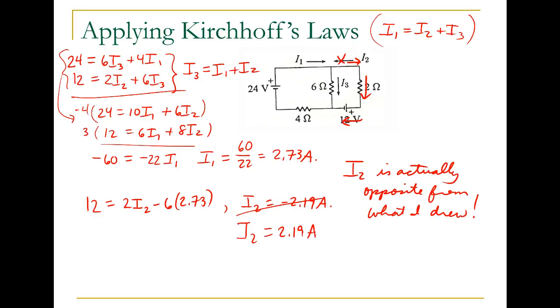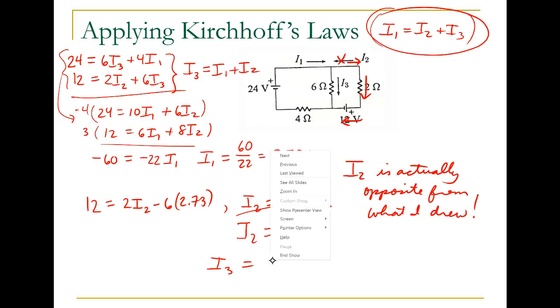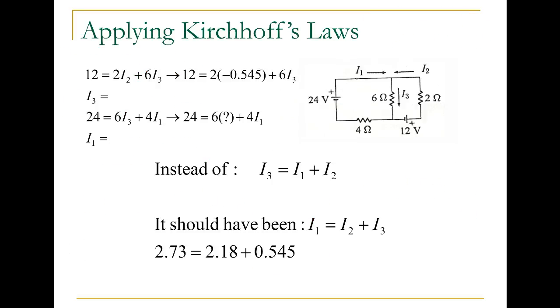Okay, and then we can solve this for I3. And we have to use our corrected version of this. So that means that we get I3 is equal to just about 0.545 amps.